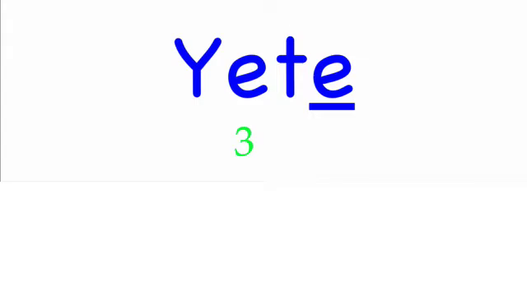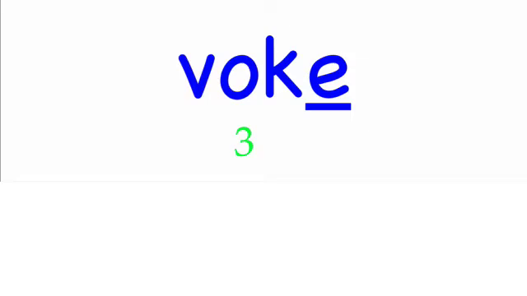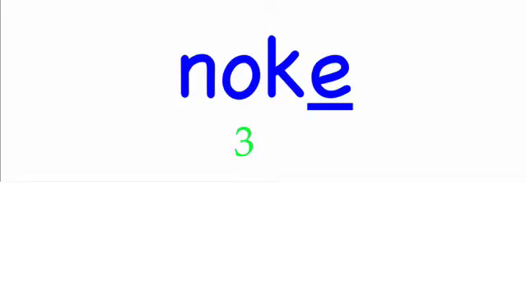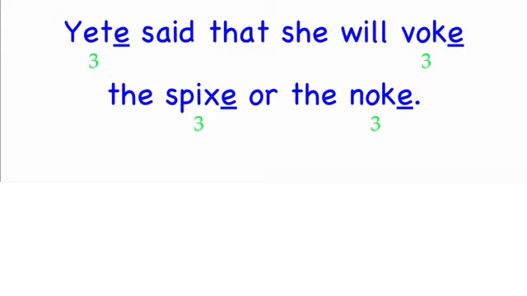Voke, voke, three sounds. V, O, K, voke. Spikes, spikes, four sounds. S, P, I, X, spikes. Or the noke, noke, three sounds. N, O, K, noke. Yeet said that she will voke the spikes or the noke.